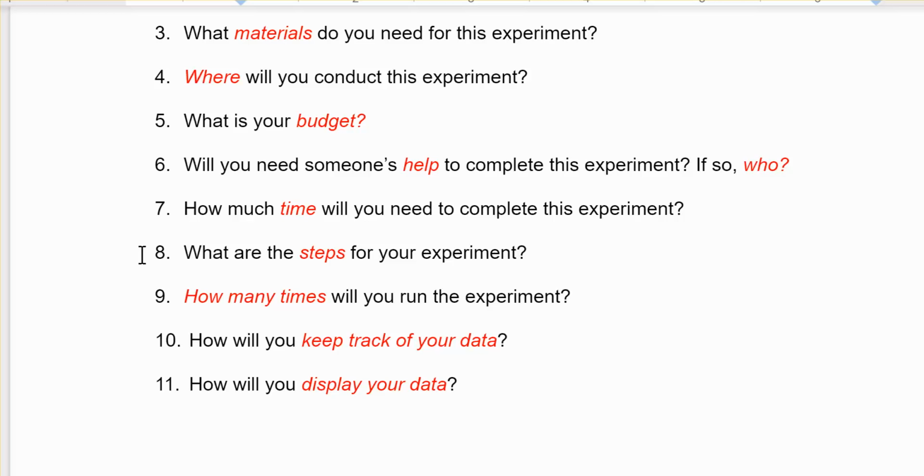But what are the steps? How much exactly of each bit of water or food are you going to give it? How often? When? Those sort of things. Because it needs to be consistent. It needs to be the same each time for your experiment to be accurate. And then, of course, how many times will you run the experiment?